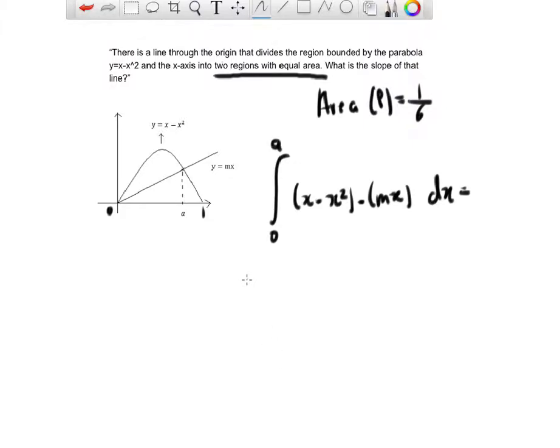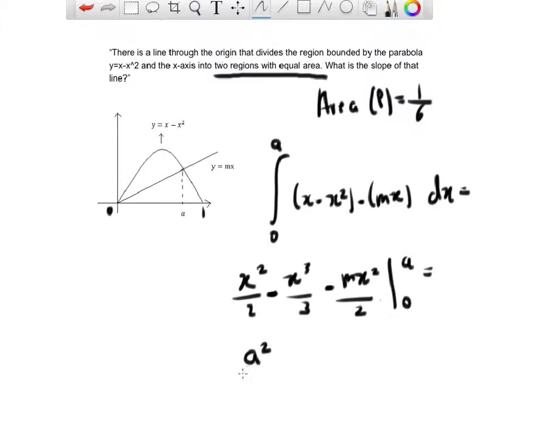So this gives us x squared over 2 minus x cubed over 3 minus mx squared over 2 as x ranges from 0 to a. And this, of course, equals a squared over 2 minus a cubed over 3 minus ma squared over 2. And what does this equal? Well, this equals half of the total area because we're only looking at this part, right? Since the total area of the parabola is 1/6, that must equal half of that, which is 1/12.